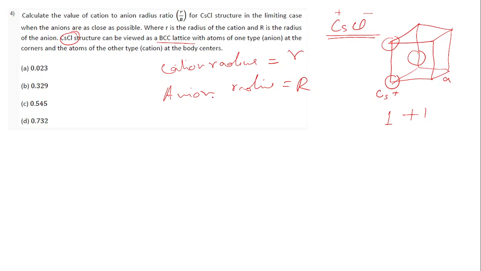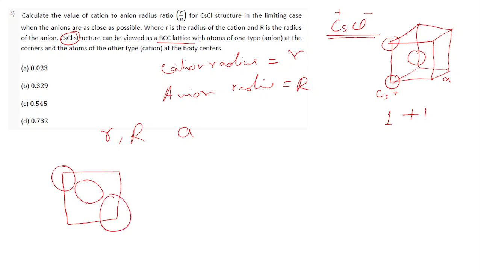We need to find the relation between the radius of these atoms and the lattice constant, as we always do. For BCC, the body diagonal atoms are touching each other. Also, we have been told to consider the limiting case when anions are as close as possible, which means we can consider that they are almost touching here also.